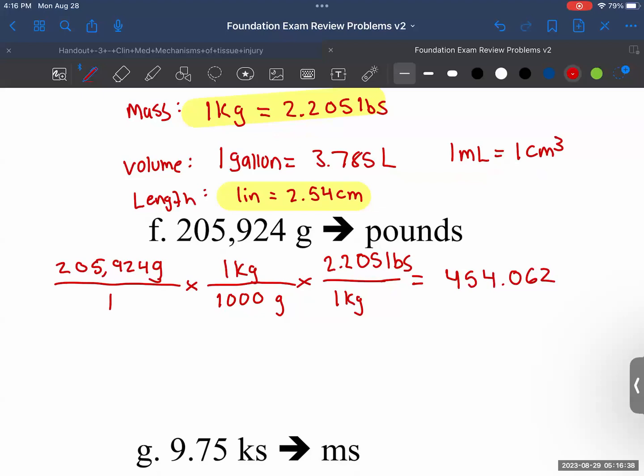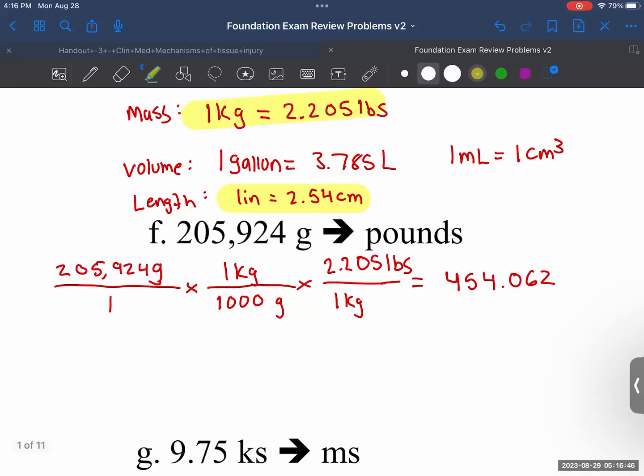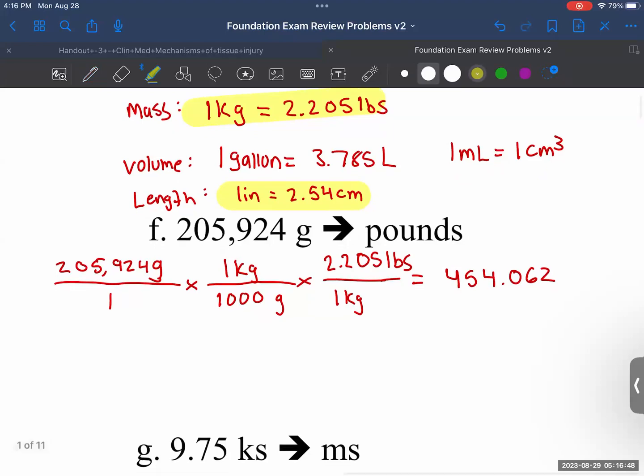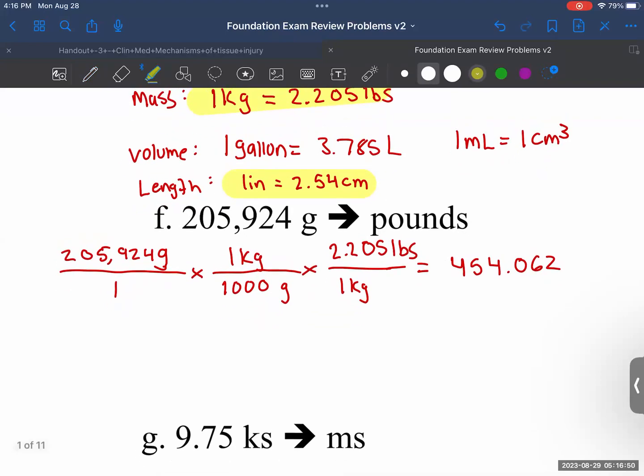How many sig figs should we have? And where are you getting 4 from? Kilograms. Exactly, because this is not an exact conversion factor, you have to take into account this conversion, and we look at the number of sig figs in this number here. You don't look at the other one, because then it would just be 1 sig fig for everything.